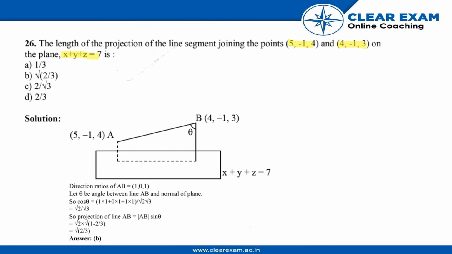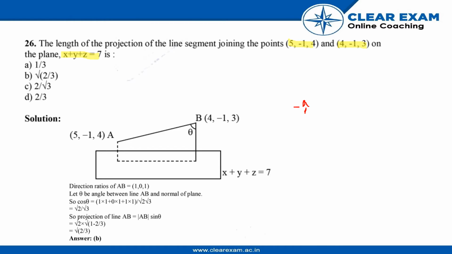Now to find this, the first step would be to find the directional vector of AB, right? To find that, we'll simply subtract the corresponding coordinates from each other. Sorry, if we have to find the AB vector, we take B vector minus A vector, right? So B minus A, that would be 4 minus 5, minus i cap.